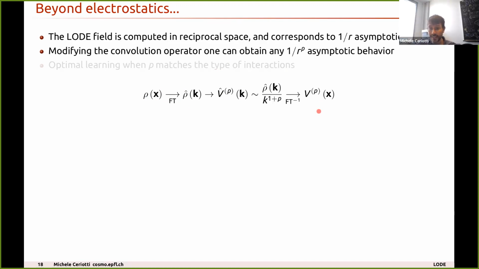You can do the same, and it's very simple to also build fields that have the correct asymptotic behavior to describe a 1 over r to the p potential.